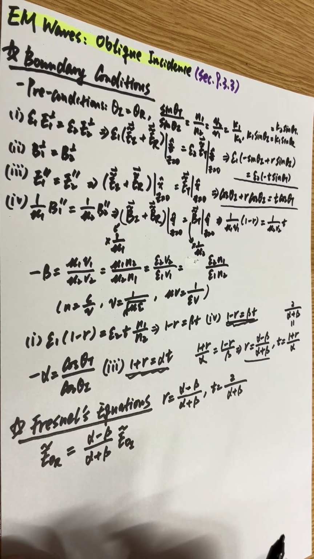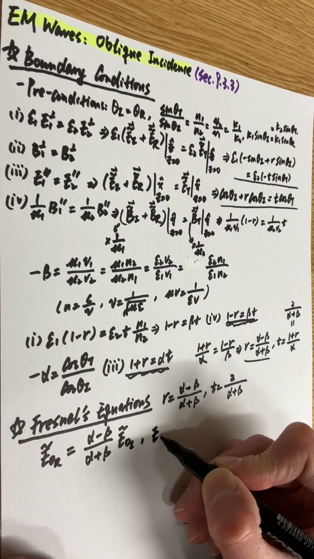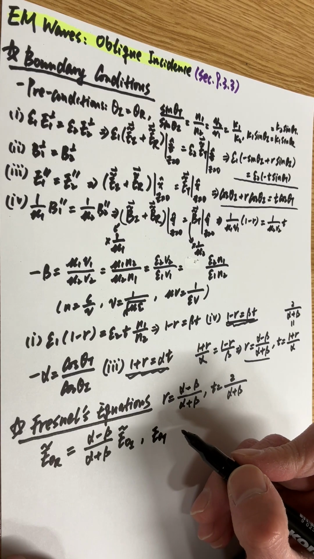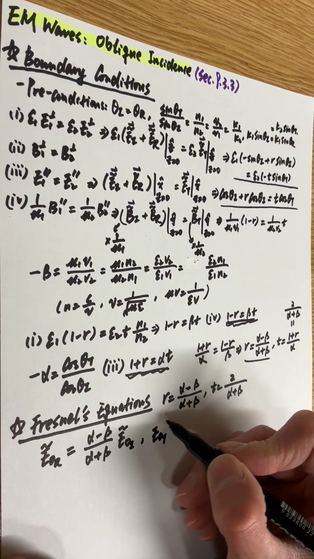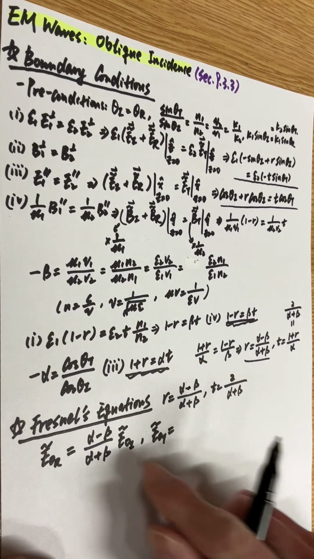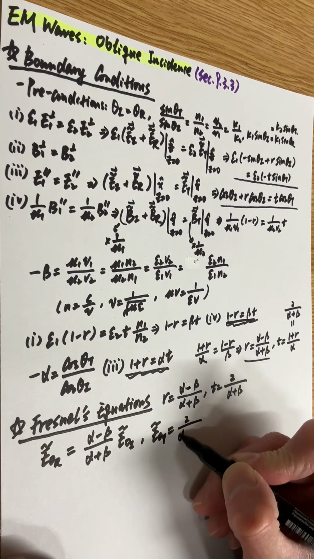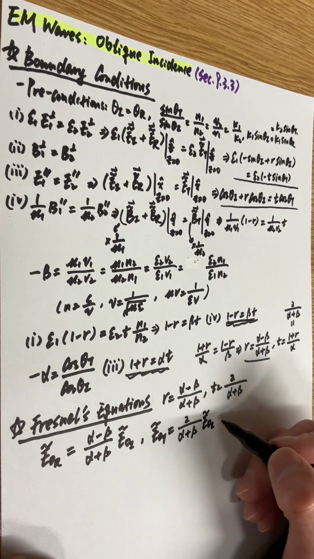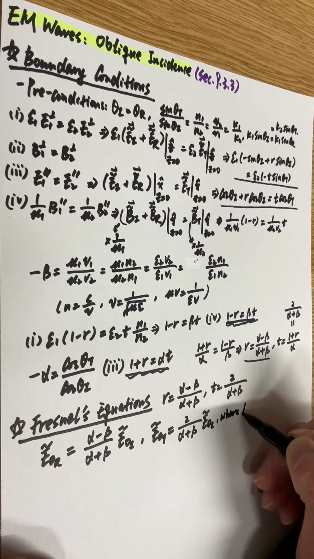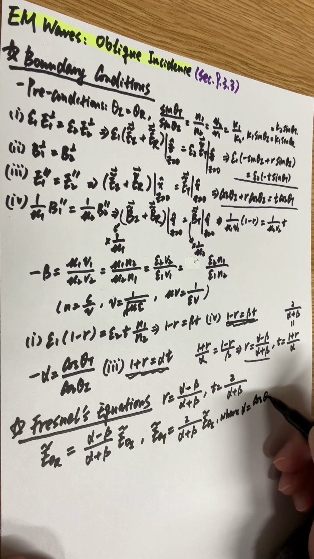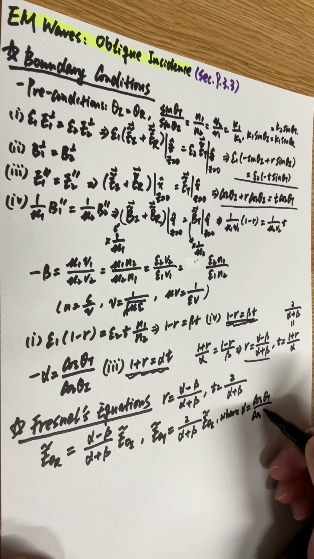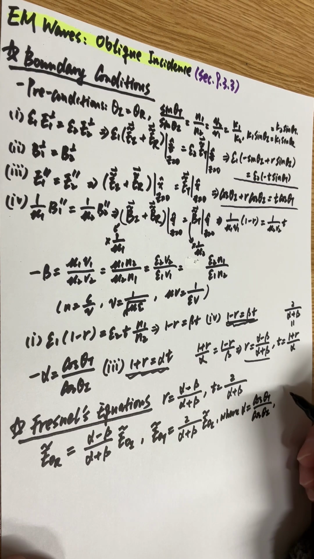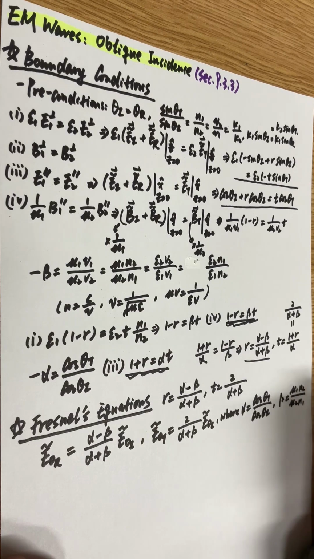And then E0t equals t E0I, so we have 2 divided by alpha plus beta, and then E0I, where alpha equals cosine theta t divided by cosine theta I, and beta equals mu1 n2 divided by mu2 n1.